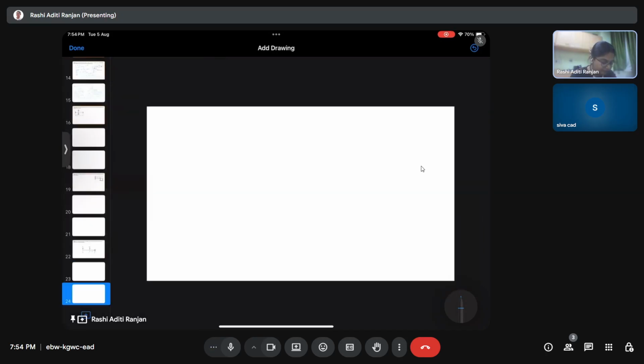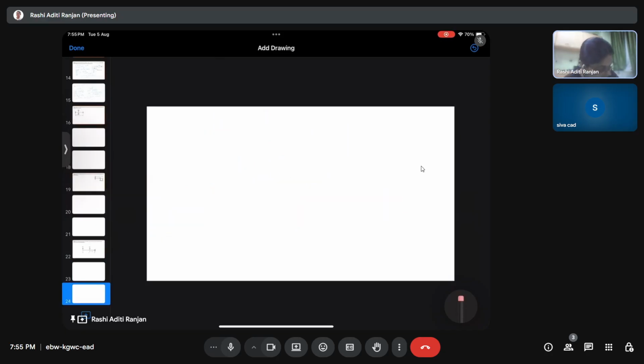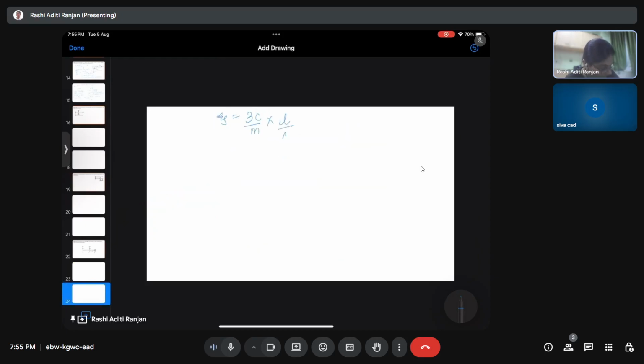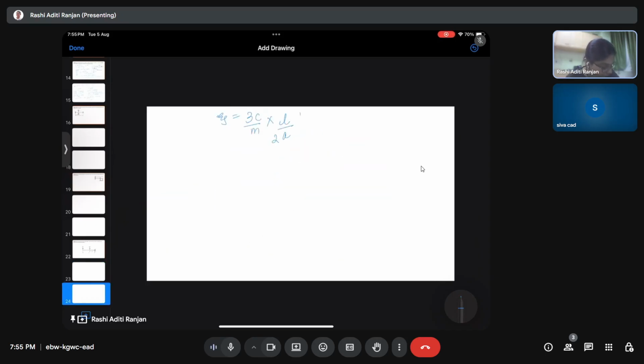This implies eta is equal to 3c by m into l by a, divided by 2 under root of 3k by m.